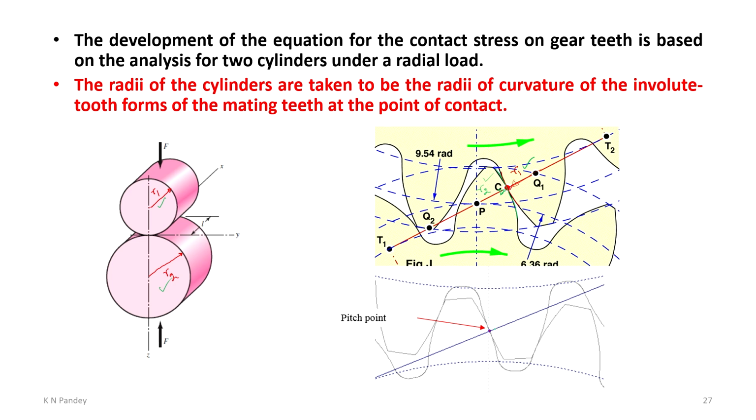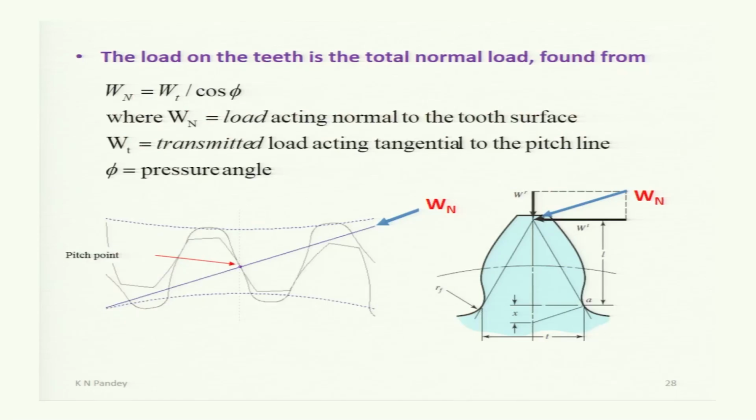This is again shown. This is the point of contact, and the surfaces of the gear teeth at the point of contact have radii of curvature R1 and R2. Okay. So, this is shown here. This Wn is acting along the pressure line.